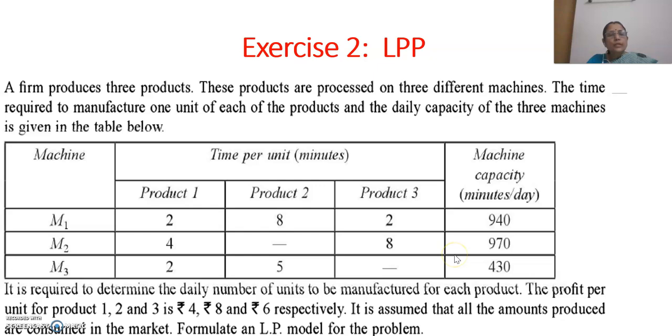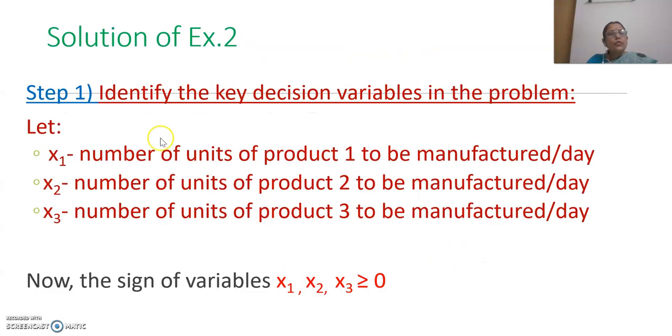So let's go back to the formulation part. As we have discussed, step 1 is to identify the decision variables in the problem. We have seen that the company is interested to know how many units of product 1 to be manufactured per day, which is x1, how many units of product 2 per day, which is x2, and how many units of product 3 per day, which is x3.